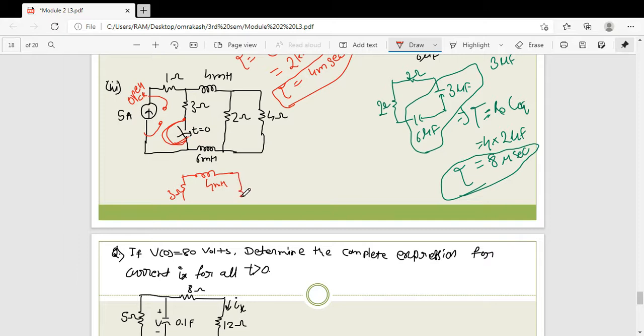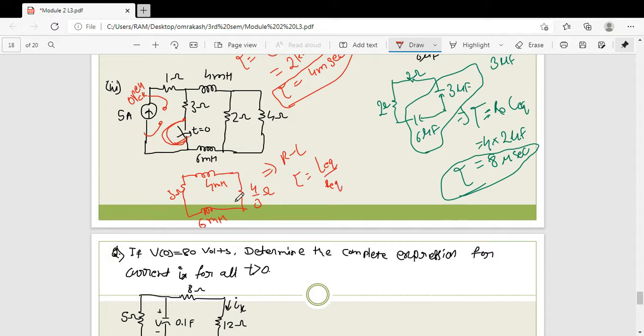So calculate this. 4 into 2 is 8, 8 by 6 means 4 by 3, so 4 by 3 ohm. Now this is your 6 millihenry. Now this is an RL circuit, right? So the time constant is L equivalent by R equivalent.